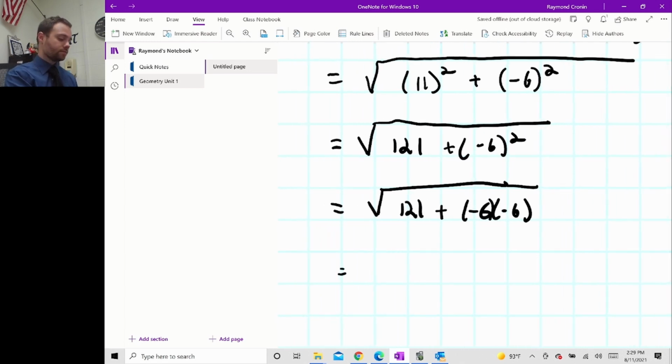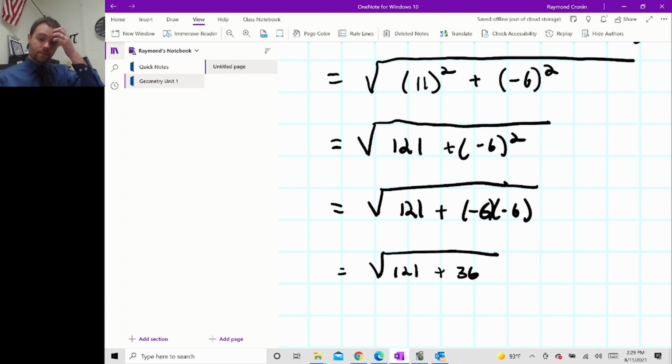So I've got the square root of 121 plus 36. Just be aware, whenever you square a negative, it becomes positive, as long as the parentheses is there and the square term is actually modifying the negative. Okay? So we've got 157 under the square root.